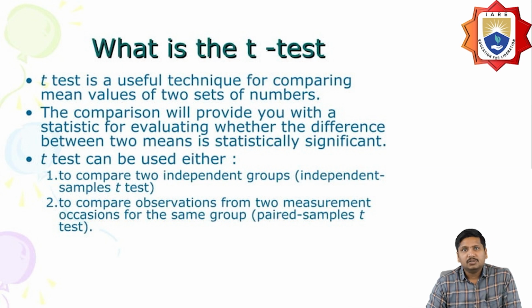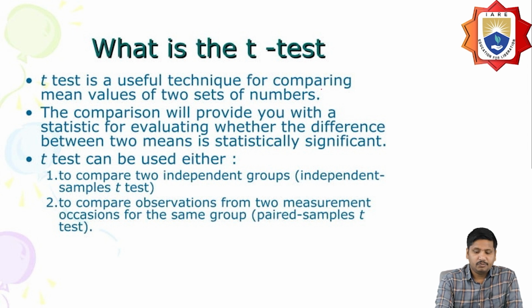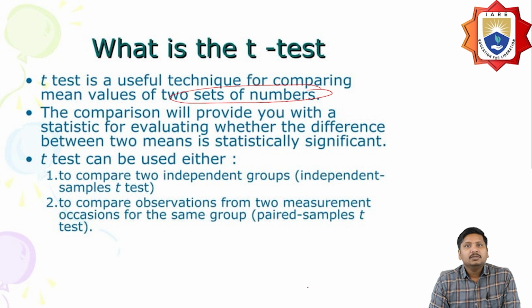So what is the t-test? The t-test is a very useful technique for comparing the mean values of two sets of numbers. This comparison provides you a statistic for evaluating whether the difference between the two means is statistically significant or not.